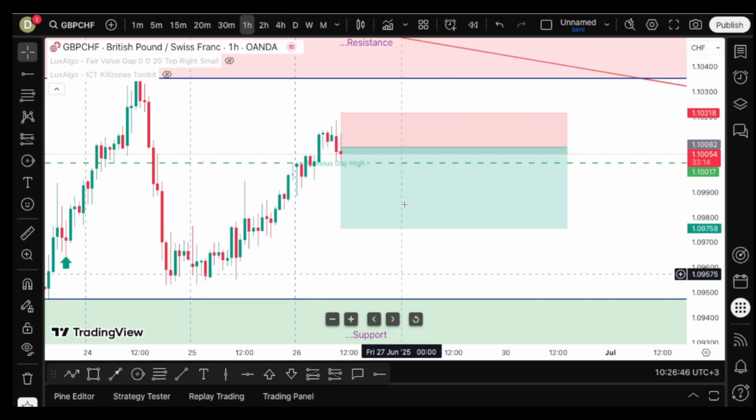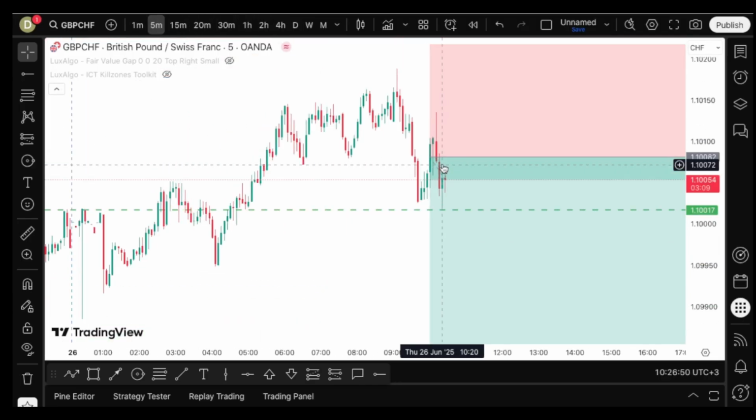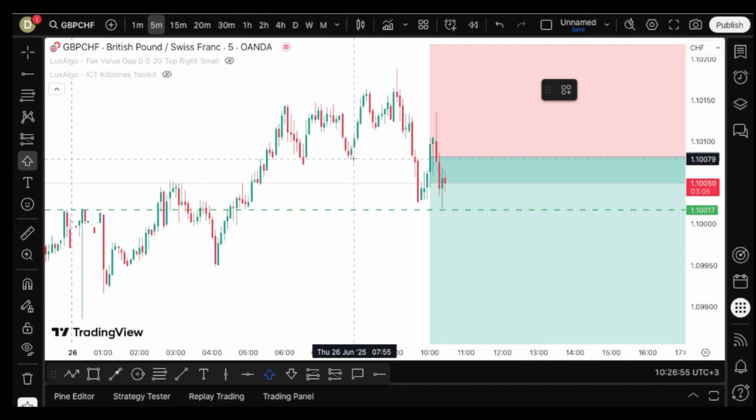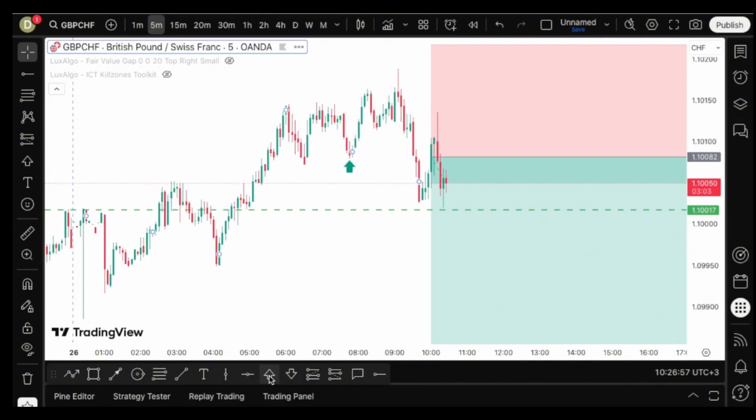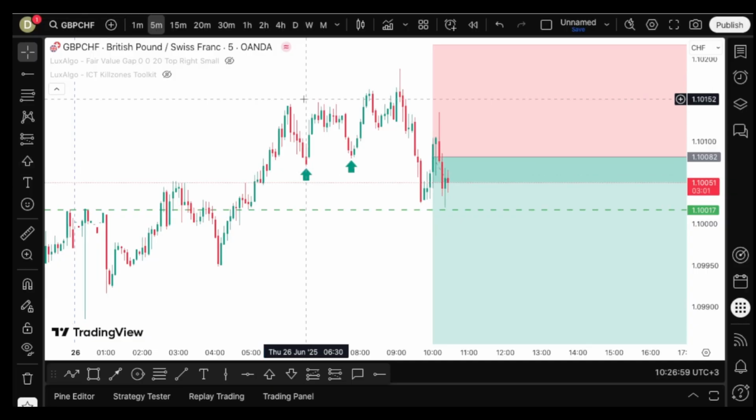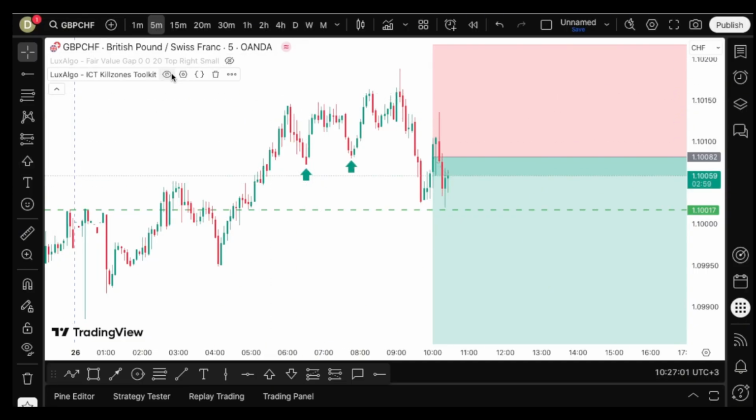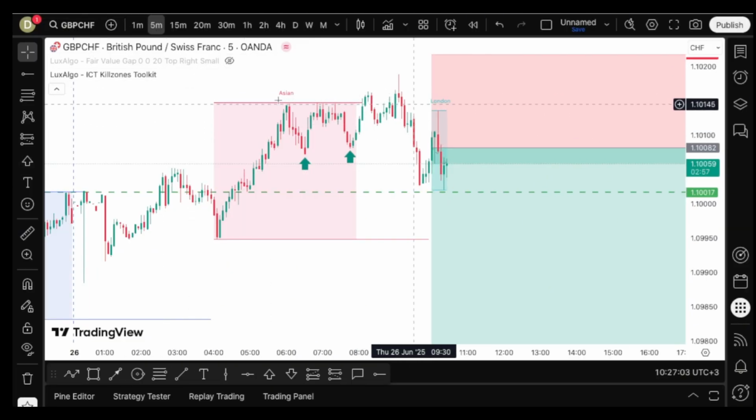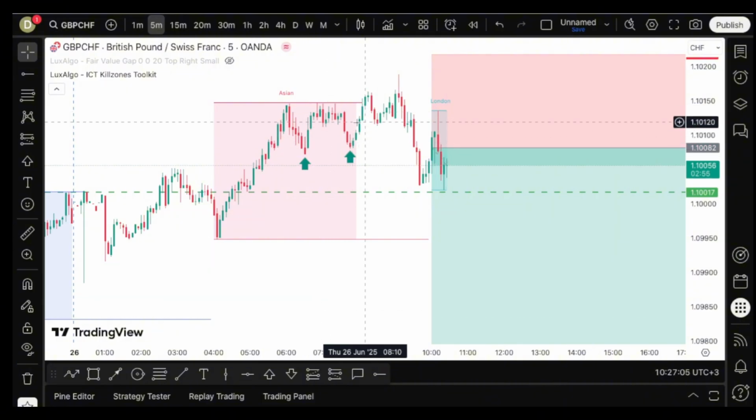But I placed a pending order based on M5. Another confluence that I checked was that M5 had changed character. The price swept the Asian high, then closed inside.